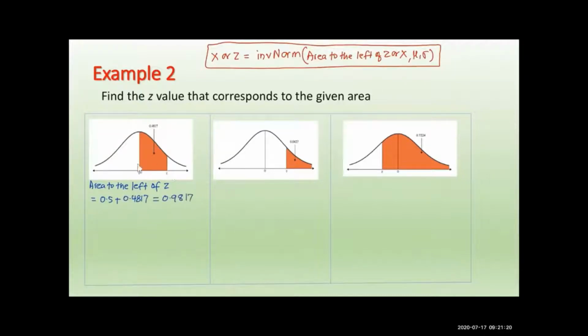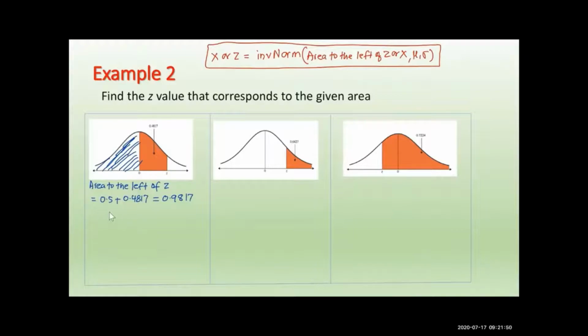So this area in red plus this area here is equal to 0.9817. This area is half of 1, which is 0.5. So I have the entire area to the left of z, because I need the area to the left of z in order to find that z score.